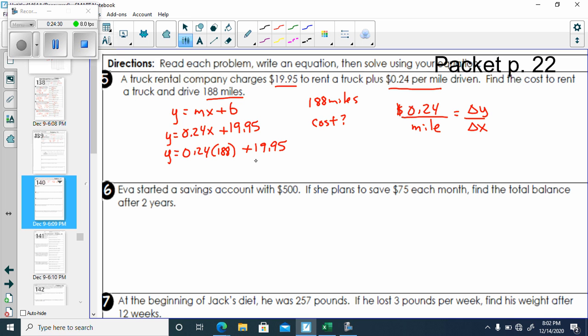Put that into your calculator. 24 cents times 188 gives me $45.12, plus $19.95. That gives me a total of $65.07.